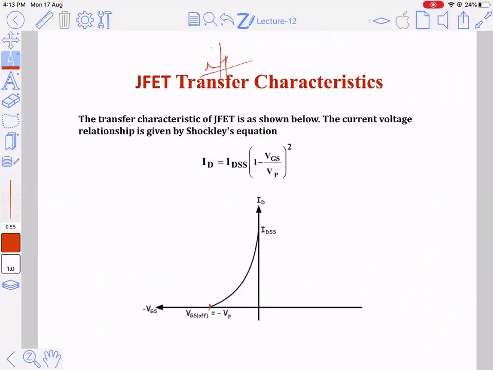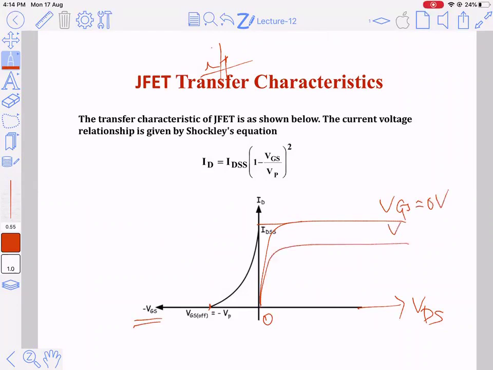So we have seen the transfer characteristic, the input characteristic, right? This is the output, so I'm combining both. This is my negative VGS, this is VDS. When you have maximum current, this is for VGS equal to 0 volt, right? Say this is for VGS equal to -1 volt, this is for VGS equal to -2 volt.